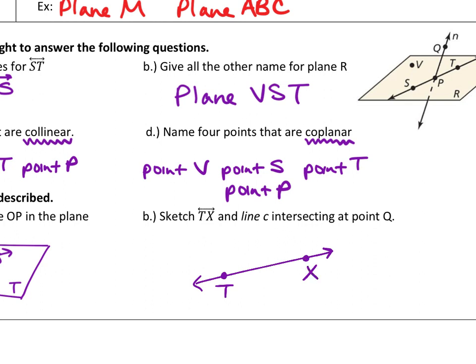We also need a line C. And I'm going to draw my line C kind of looking like this. This is going to be line C. And it says they're intersecting at point Q. So that place where they cross, I should put a dot there and call it what? Q.